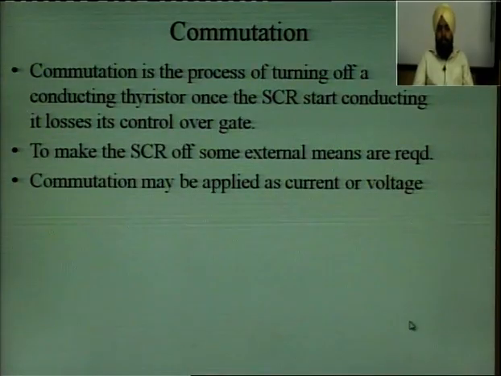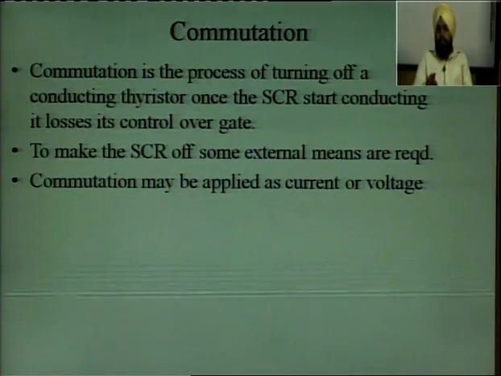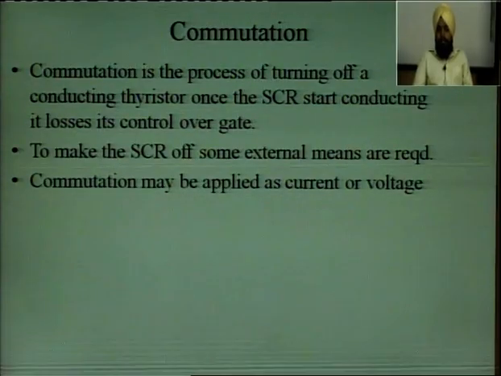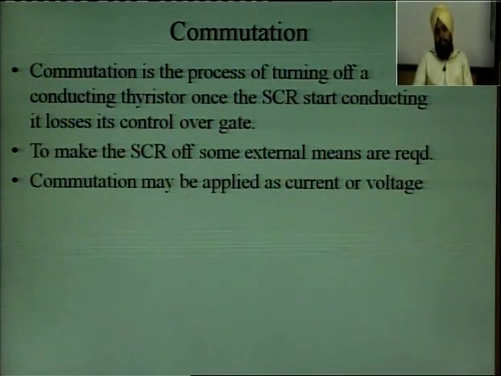The process of turning off a conducting thyristor is called commutation. Once the SCR starts conducting, it loses its control over the gate. To turn the SCR off, some external means are required. Commutation may be applied as current or voltage.